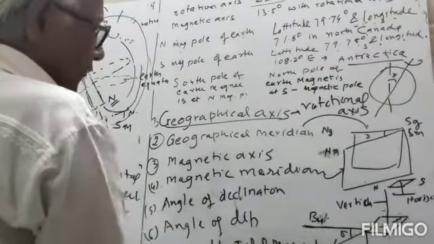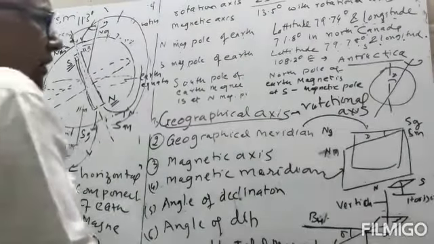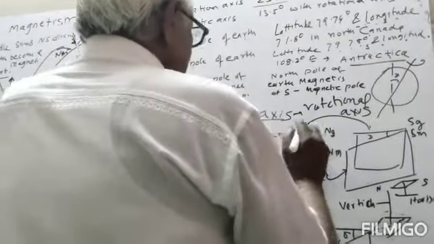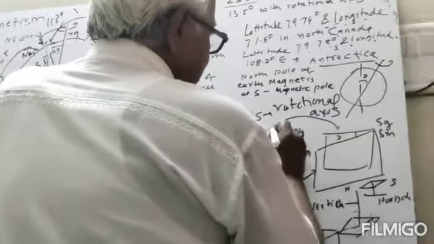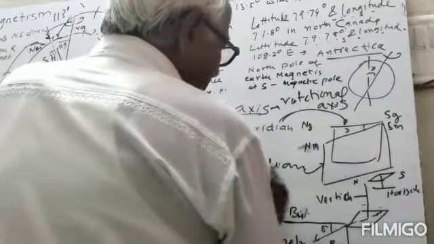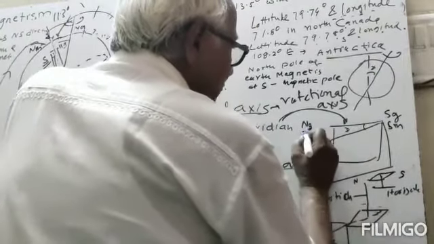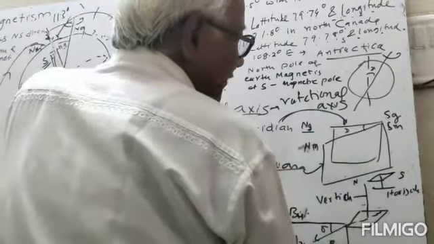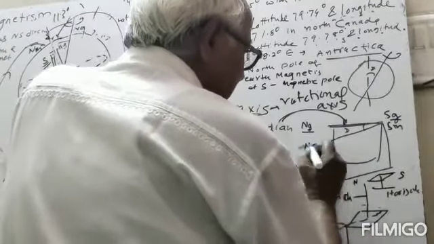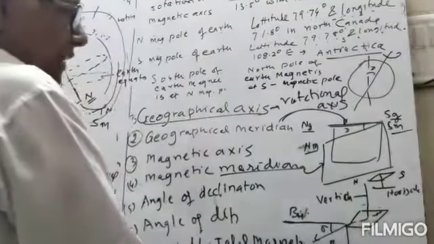Now what is the angle of declination? If we draw, suppose this is your geographical meridian, and this is your magnetic meridian. This direction is geographical north and south, and here this is the magnetic north and magnetic south.